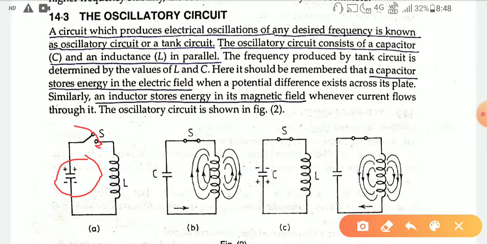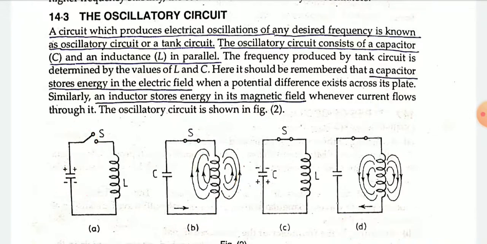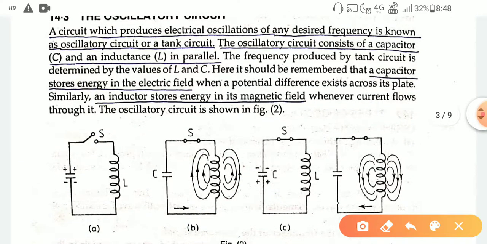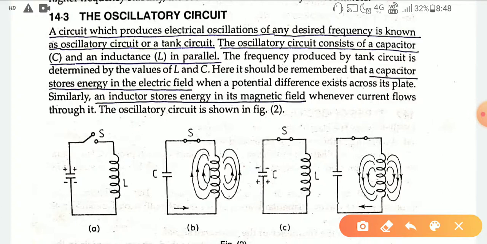When the switch is on, that is figure B, the electron concentration below this plate will be high, and it tries to complete the path after the switch is on. But due to the inductor L, they do not complete so easily.